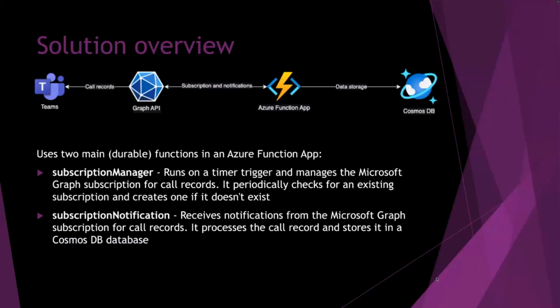If there's no subscriptions, i.e. one's lapsed, then we will create a new one, and that way we're always having a subscription ready to receive notifications. And then the other one, the subscription notification, is where we are receiving any data on that function and then storing it into Cosmos.